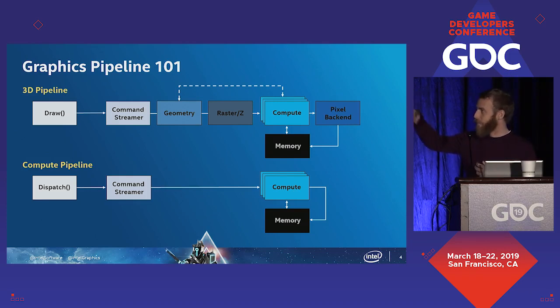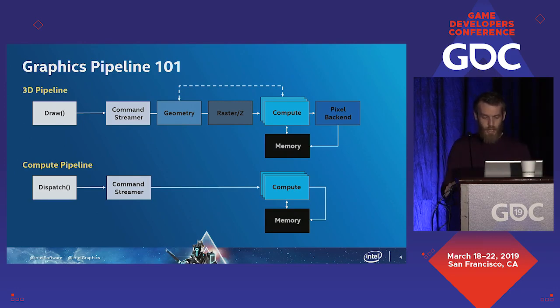That's going to get some sampler data from the memory and write the output into the pixel backend. So fairly straightforward. In case of a compute command, the command streamer just takes the command and goes through the thread dispatcher that's dispatching it to the compute blocks, which is going to do whatever particle simulation you want it to do, and then write the output into memory.